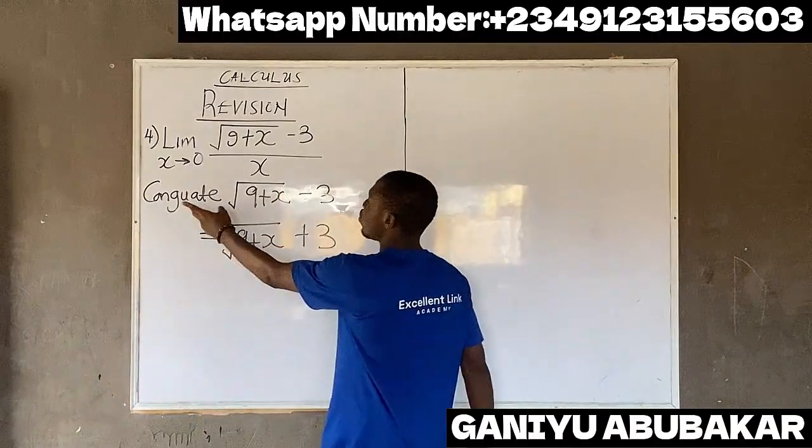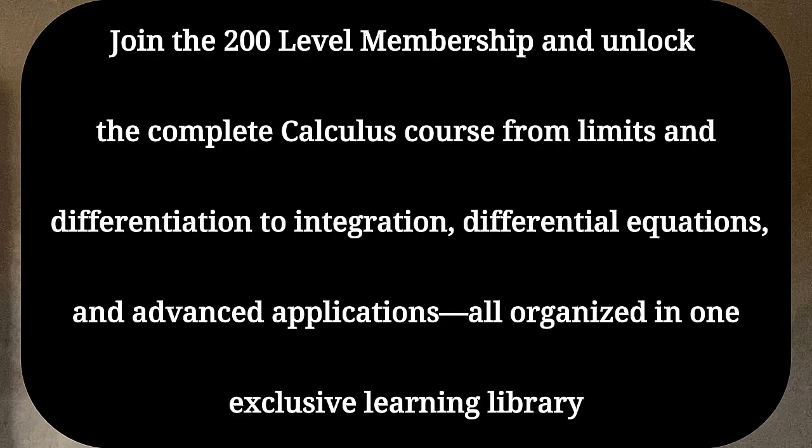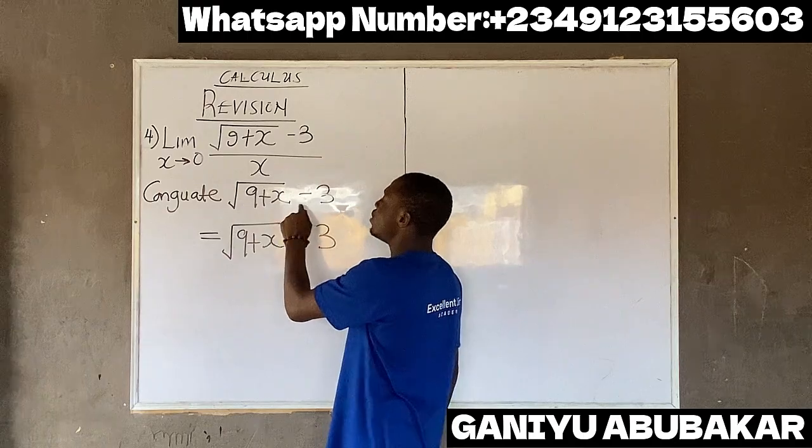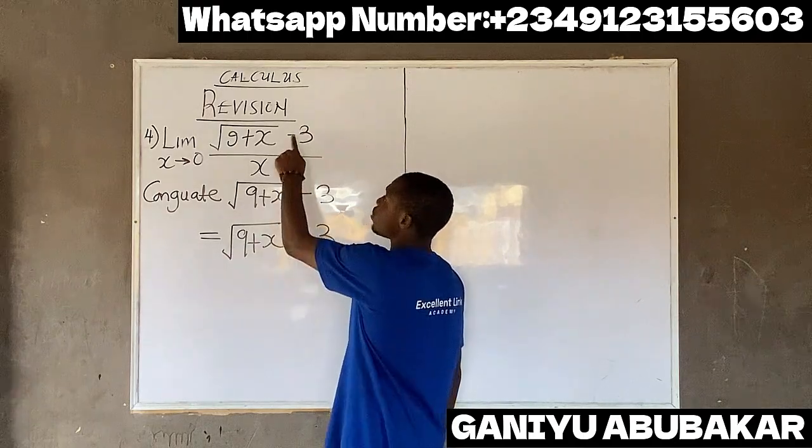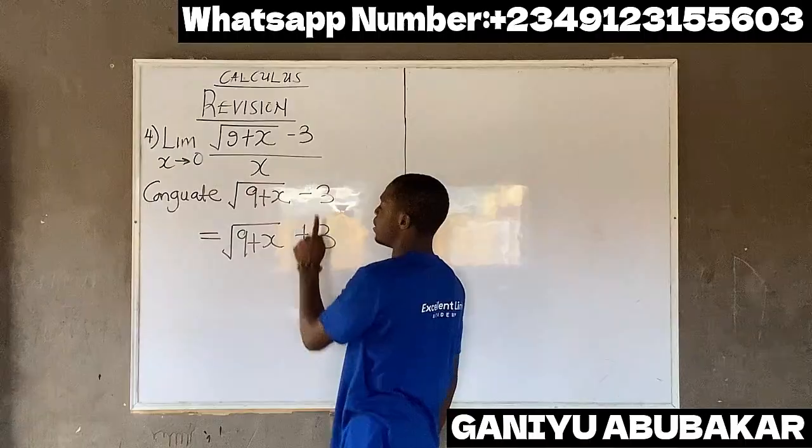Obviously, when it comes to the conjugate concept, the sign changes. So here it was minus; the conjugate of this becomes plus.